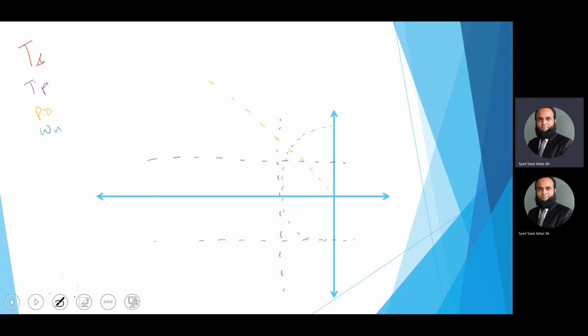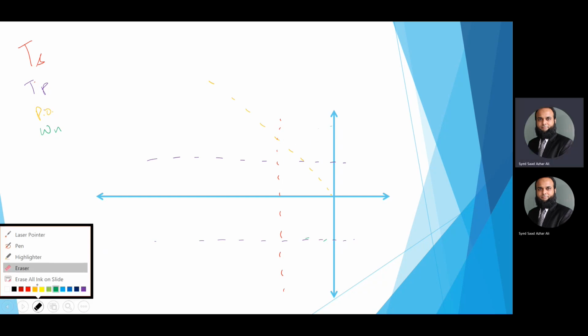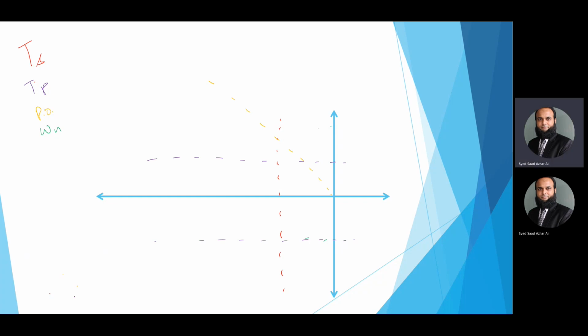This is not the right line. It would be somewhere around like this. My drawing is not too good, but I hope that you guys get it.